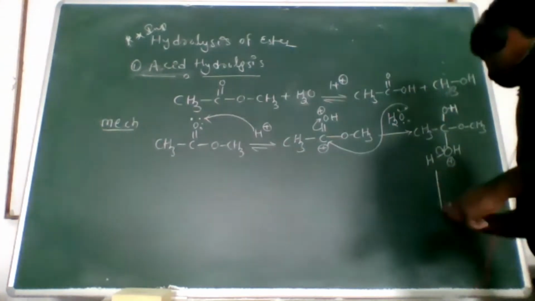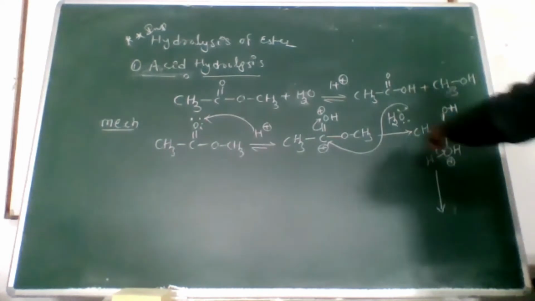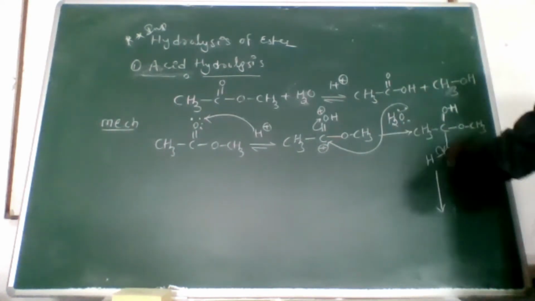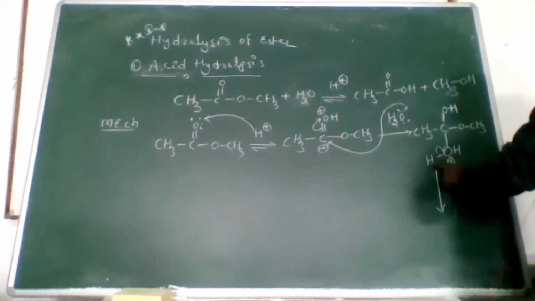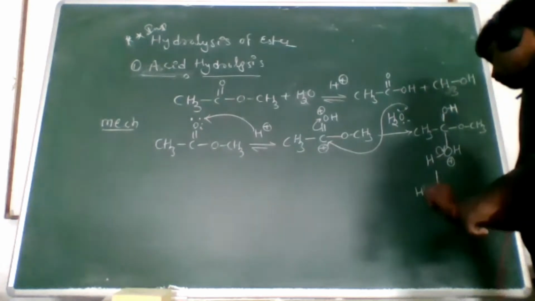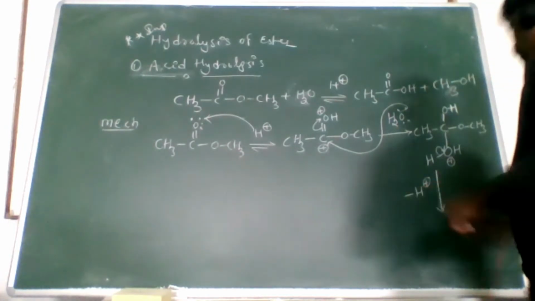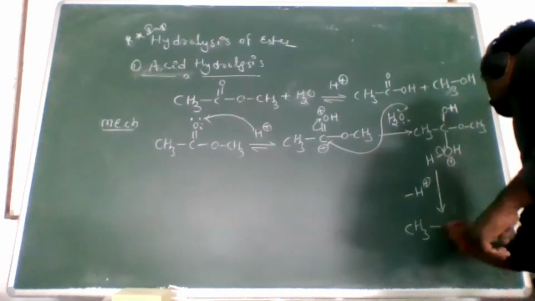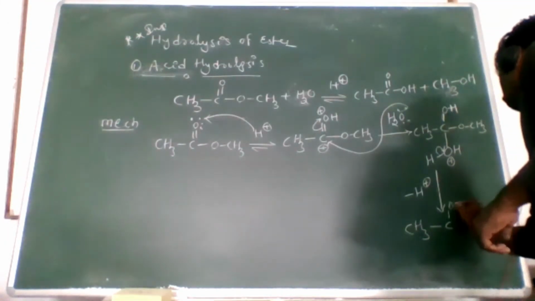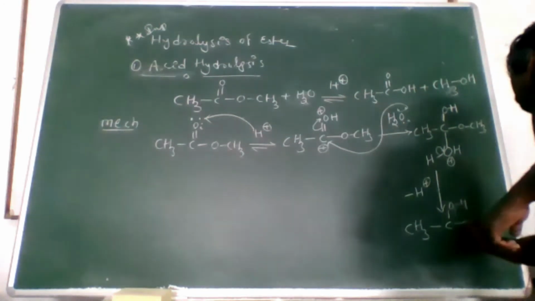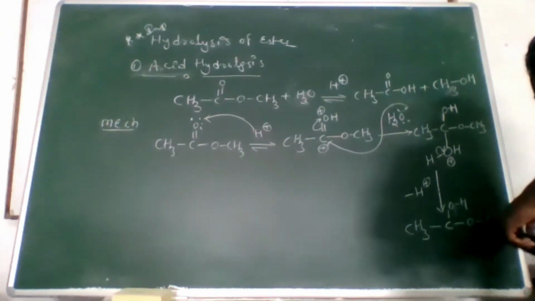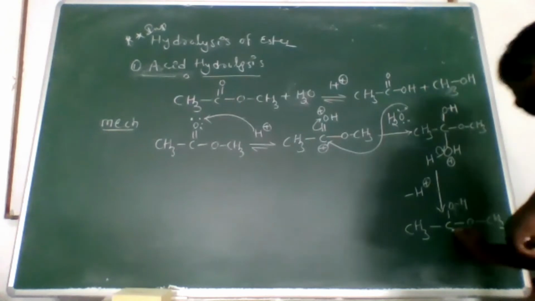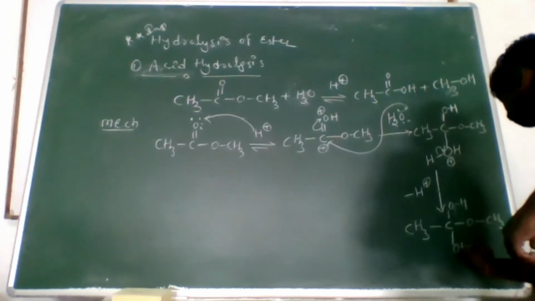When the water molecule bonds with the carbon, this H plus ion is removed. Now what remains here is CH3, C, OH and O CH3. Here also an OH is there.